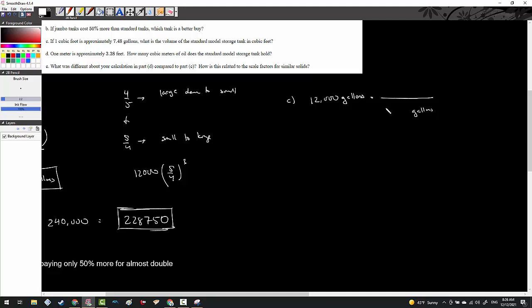And I know that 7.48 gallons is approximately 1 cubic foot. So the gallons are going to cancel each other out, and I end up with 12,000 over 7.48, and that's going to be in cubic feet. So I just have to do 12,000 divided by 7.48, and I end up with 1604.278 cubic feet.